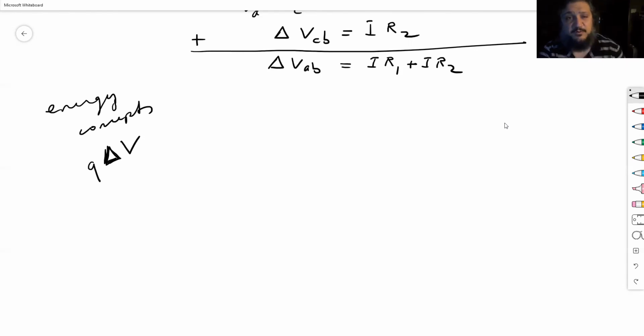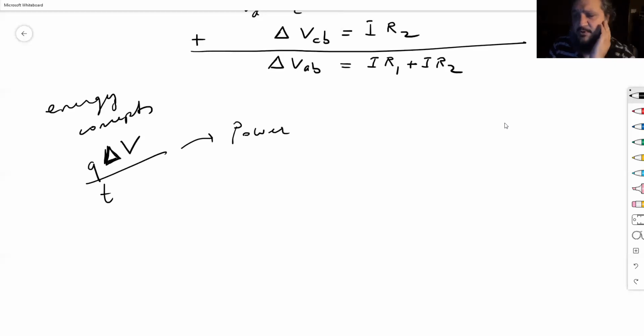When you charge your phone, you don't really worry about that much, but when you're cooking something or boiling water, you know that you're using more electricity. You should, right? So we really think in terms of energy per time, which is power. So we divide this by time, or better say delta Q over delta T. That will take us to power, energy per time.